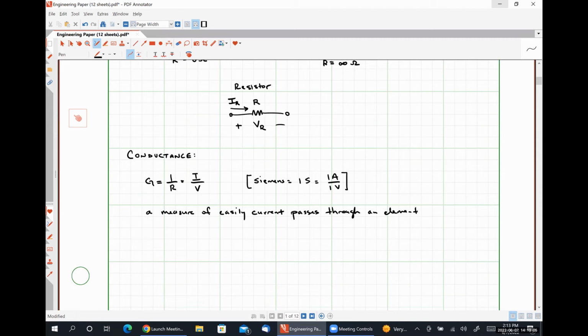It will show up when you're analyzing problems using network theory, and it will show up when you are developing relationships regarding transmission line theory. Other than that, conductance really doesn't play a big role in circuit analysis.